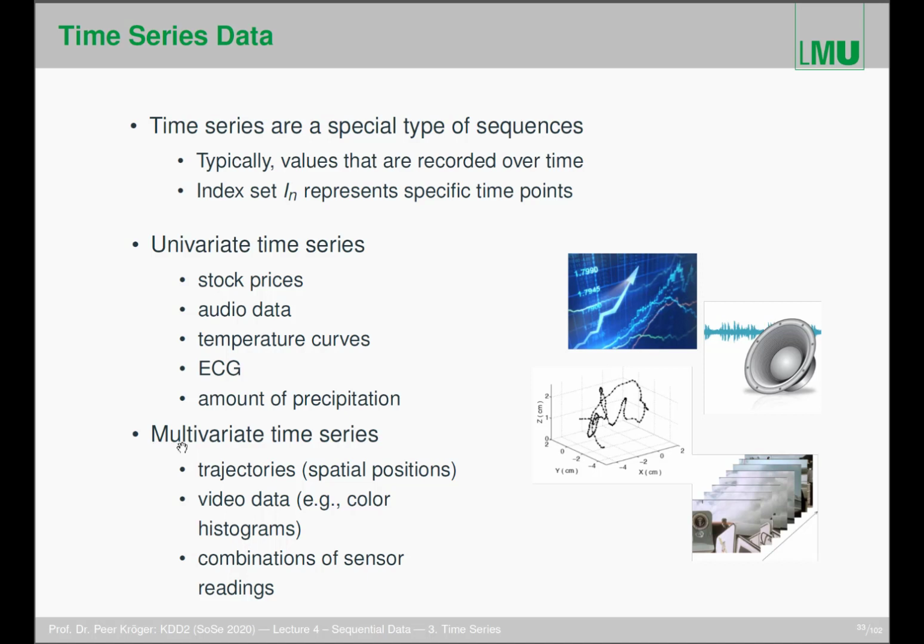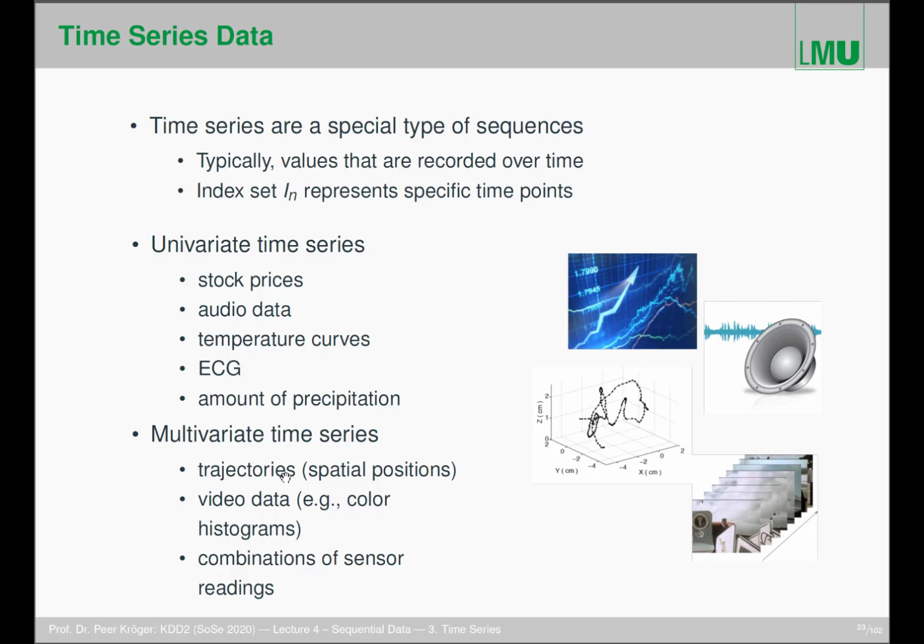Or we can also record multiple values per time slot, and then we talk about multivariate time series, like trajectories, which is a time series of spatial positions, typically 2-dimensional, maybe also 3-dimensional, or video data, combinations of sensor readings and stuff like that.